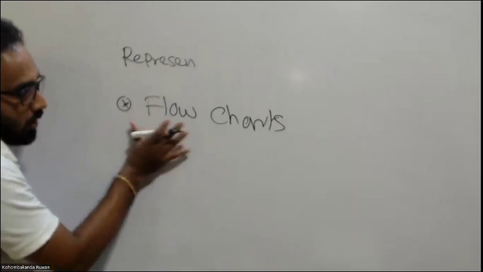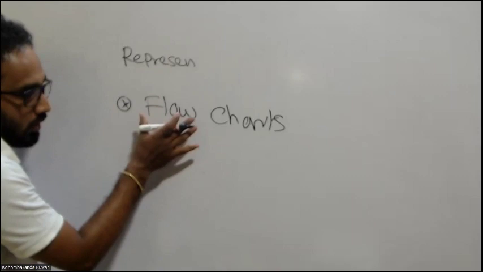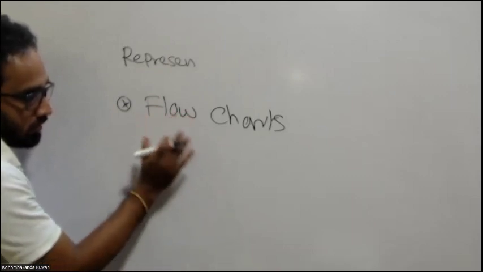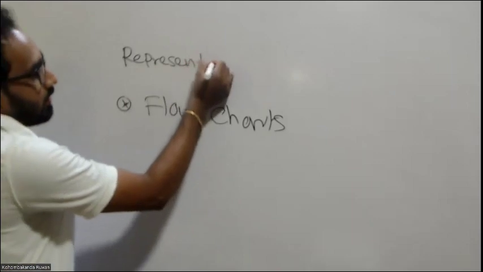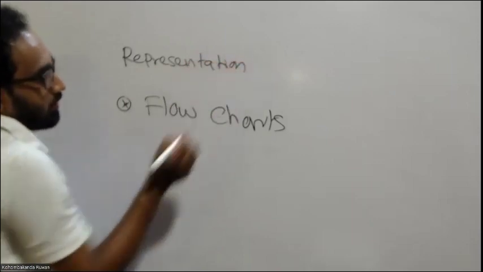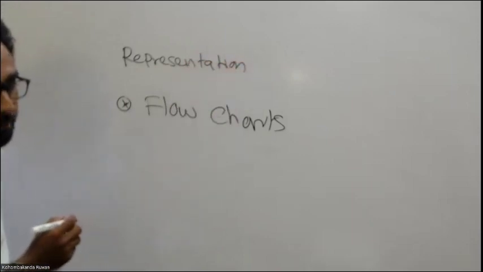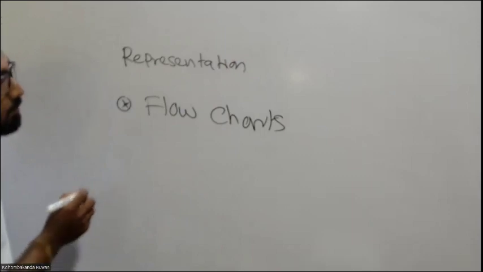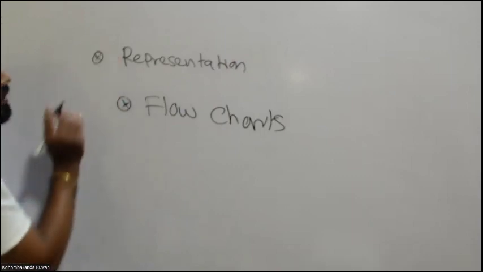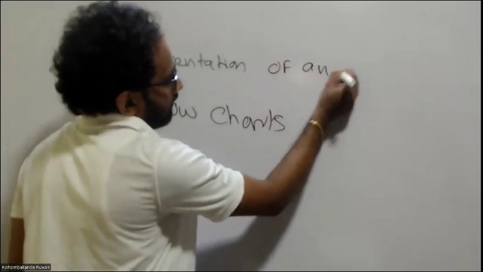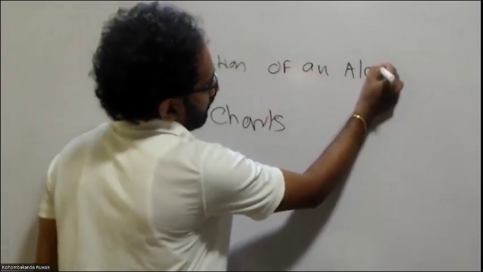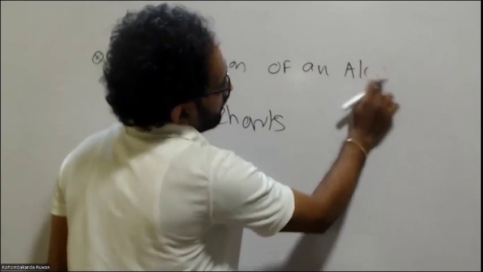Now I am going to draw a flow chart, and then you have to draw that one in your book. I didn't write the earlier things because they are in the slide, so no need to write the earlier one. Representations of an algorithm.